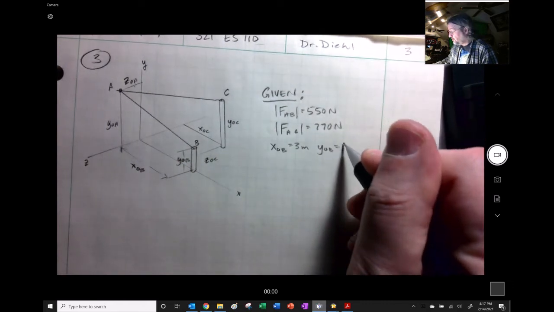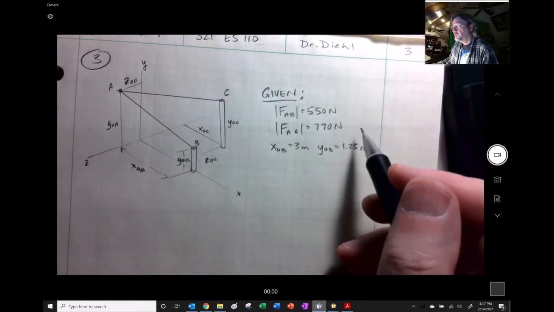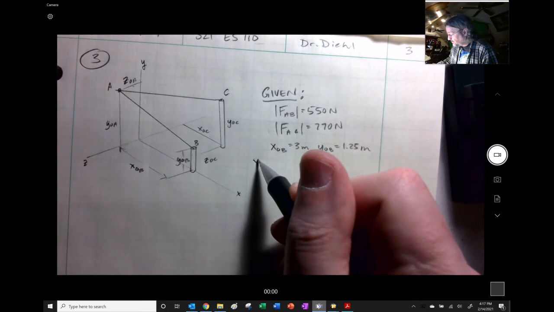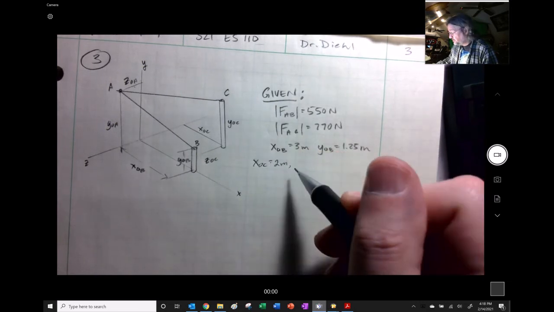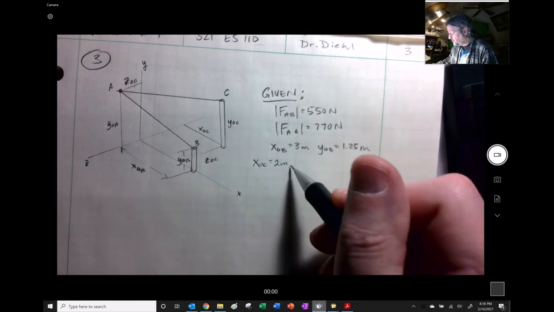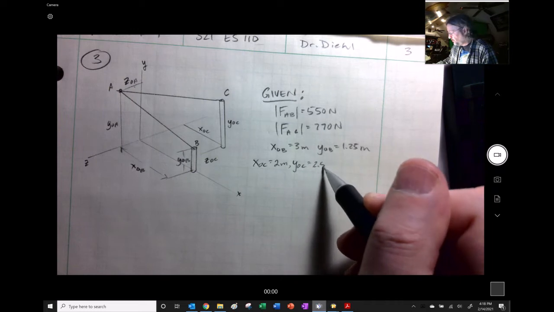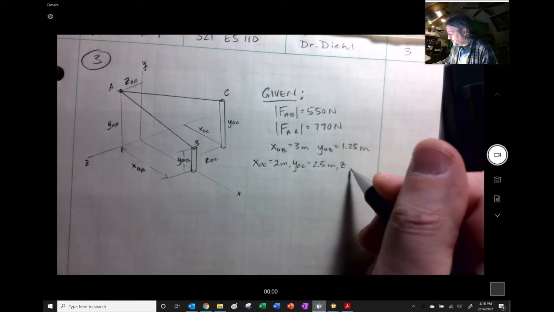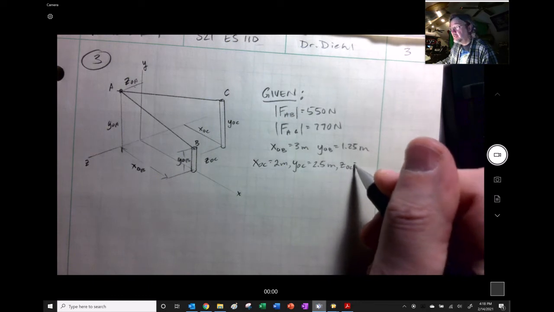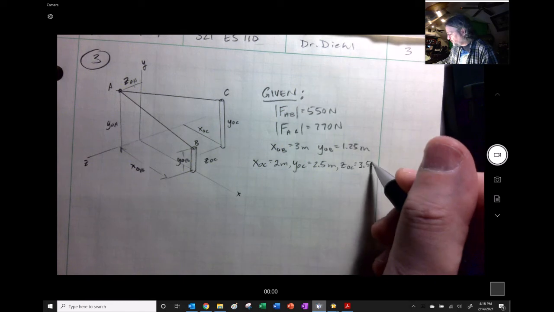YOB is 1.25 meters. All right, and then XOC is 2 meters in that direction. YOC is 2.5 meters, so that's the height of that. And then the ZOC is 3.5 meters.